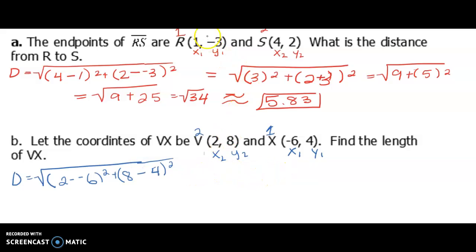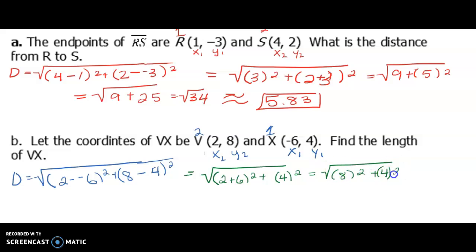Step by step, let's break this down a little more. 2 minus a negative 6 is the same thing as 2 plus 6. 8 minus 4 is 4. 2 plus 6 is 8. 8 squared is 64, plus 4 squared is 16, which together is 80, the square root of 80.